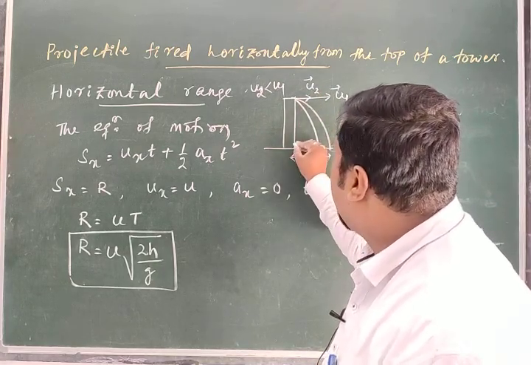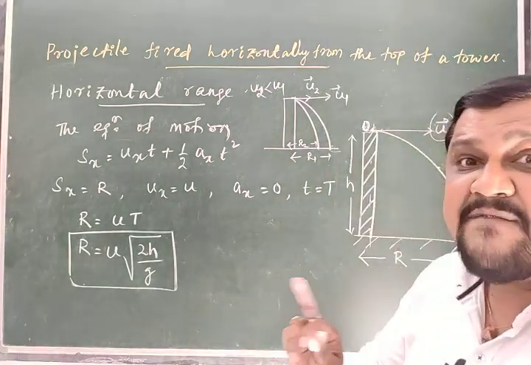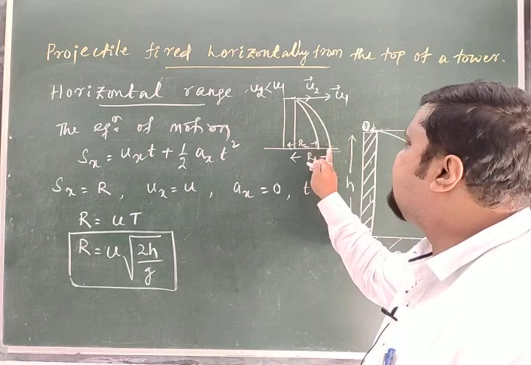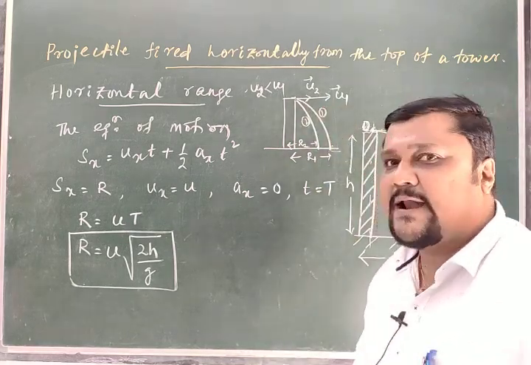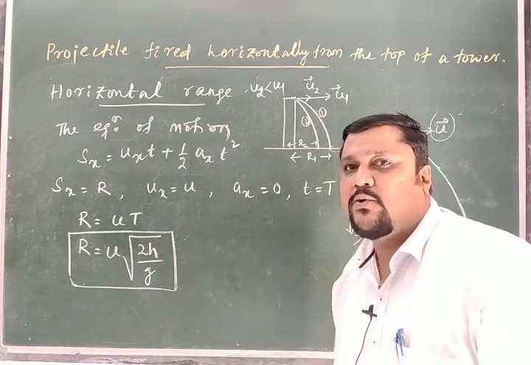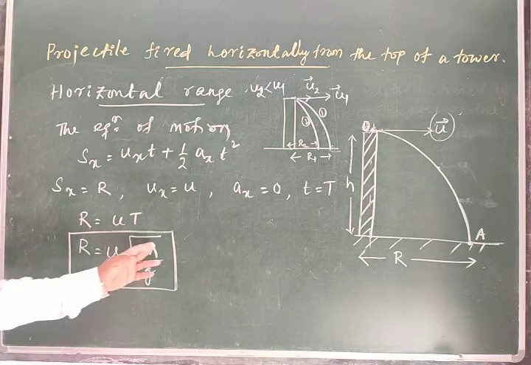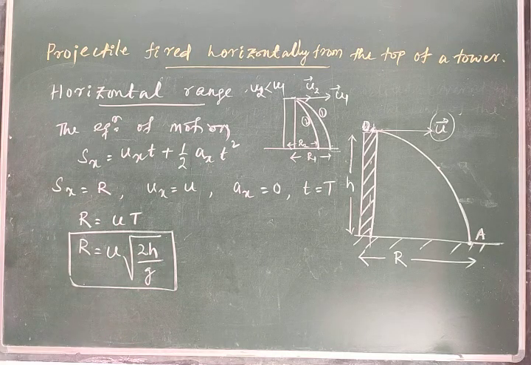This will be your R2. That is my point. But the time of flight is the same. The two cases 1 and 2 take the same time because it is independent of u. But the range depends on u, which is directly proportional to u, if h and g are constant, from the same height it is projected.